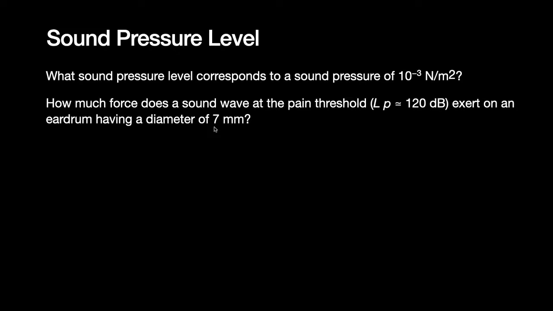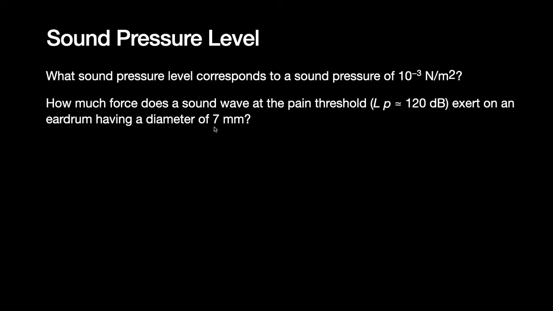That will give you the area. How much is the pressure? My calculation also yields the same value, 20 Newton per meter square. So if you have 20 Newton per meter square of pressure multiplied to pi into 3.5 into 10 power minus 3 the whole square, that will give you your force.